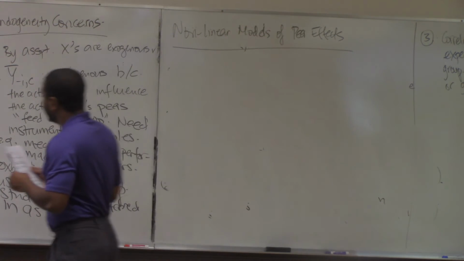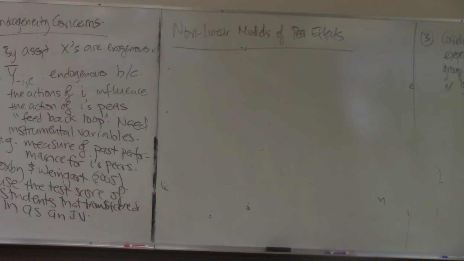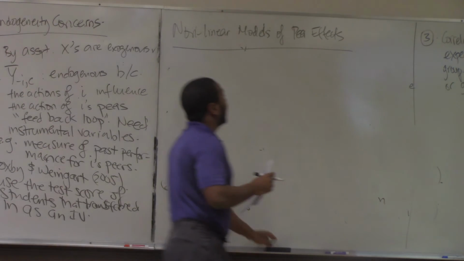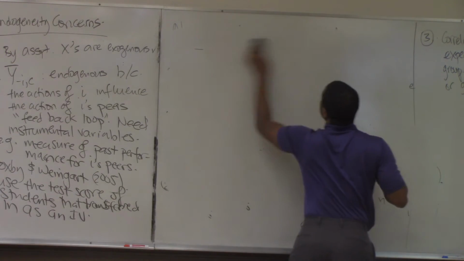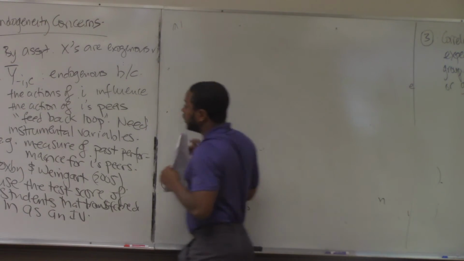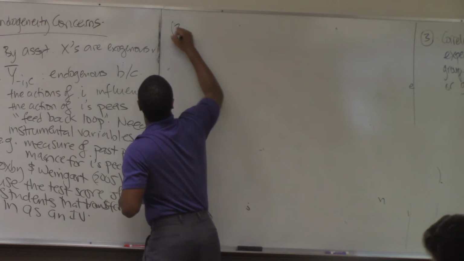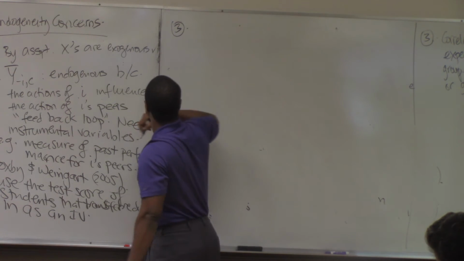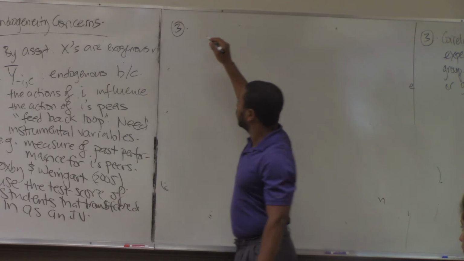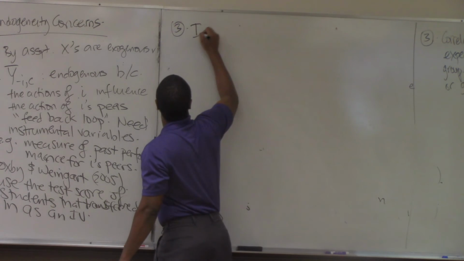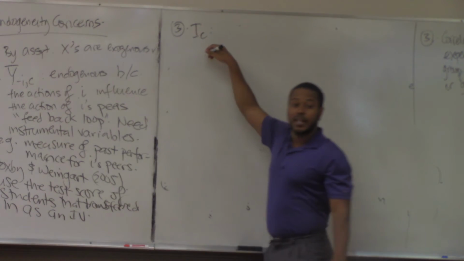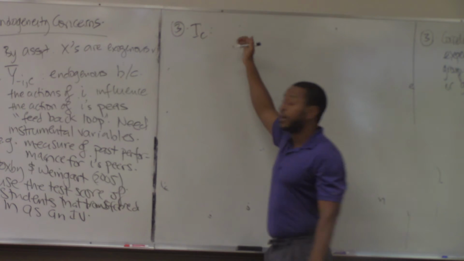So by construction, and then for 3, for i's class, we can randomly assign this. So this is something like classroom size, right?